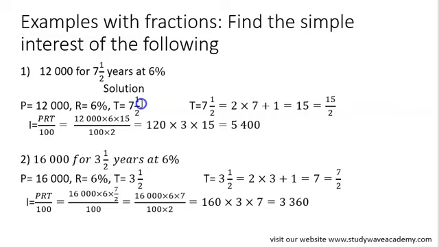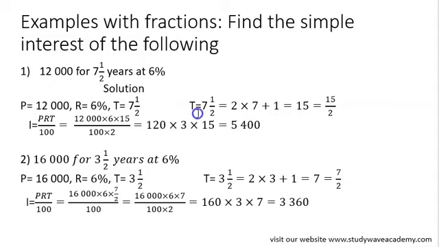We can't solve this using 7.5 years. So the first thing we do is convert this mixed fraction into an improper fraction. So how do we do that?